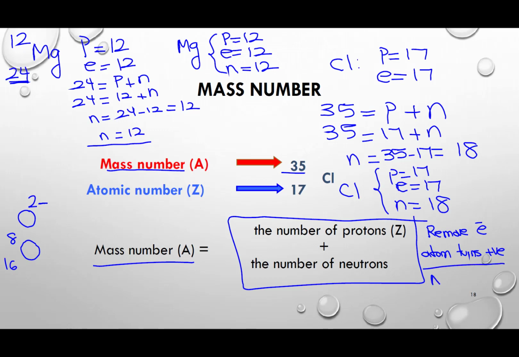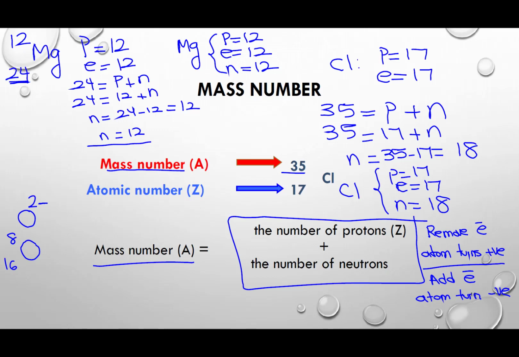And if you add an electron, your atom turns negative, because you're adding more negative. Electrons carry negative charge. If you remove the electrons, you are removing the negative charge, and your atom becomes positively charged. If you add electrons, which carry negative charge, your atom becomes more negative, a negatively charged atom.